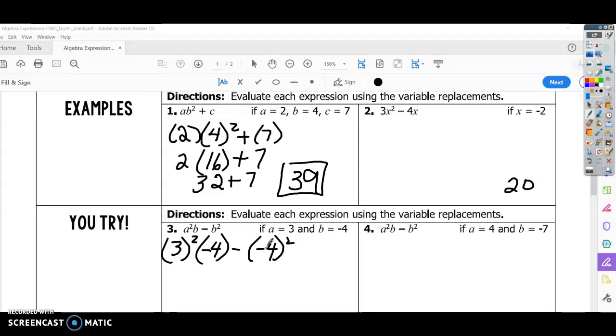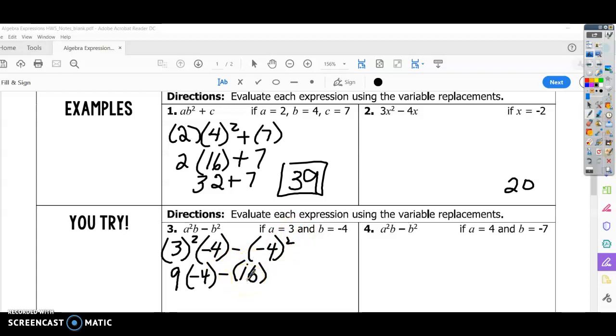So in order to do this one, we're going to do parentheses first. Since everything is in parentheses, we go to exponents. We've got 3 squared, which is 9, times negative 4, minus, keep the negative there, it's part of the expression, don't lose it. And then negative 4 squared is 16.